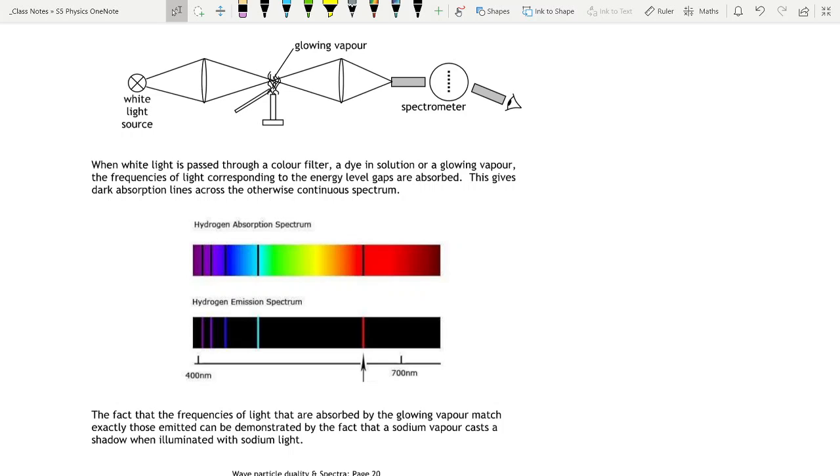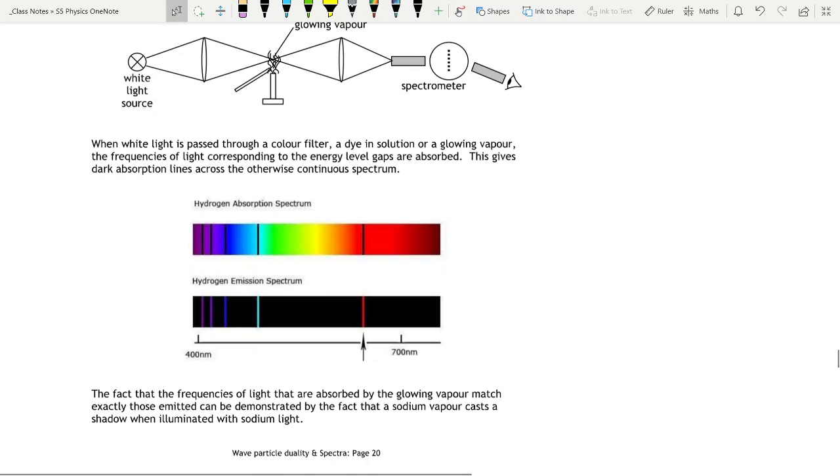Absorption is absorbing photons, taking those photons out of the equation, for the electron to gain extra energy, and you've got black lines instead. Whereas the emission one is when it falls back down again and gives out a photon of light at those specific frequencies. So those bands of light correspond to the photons that it's given out.